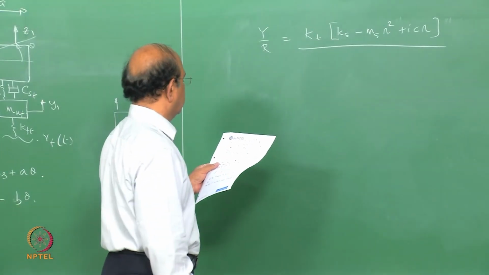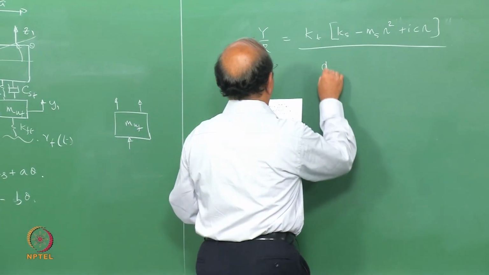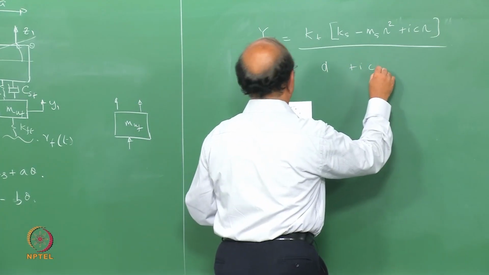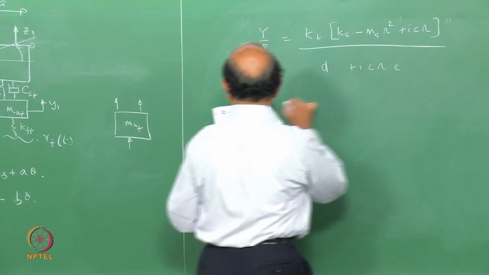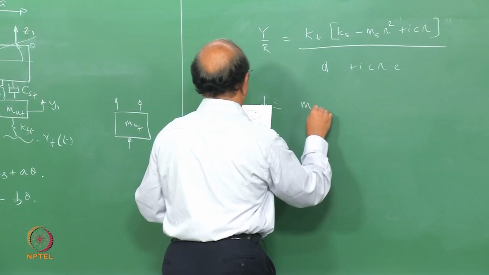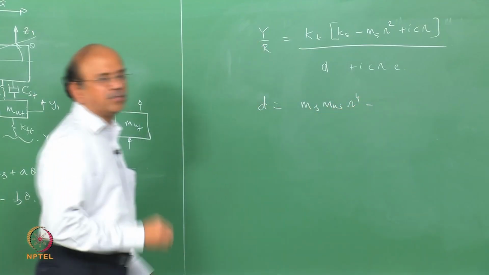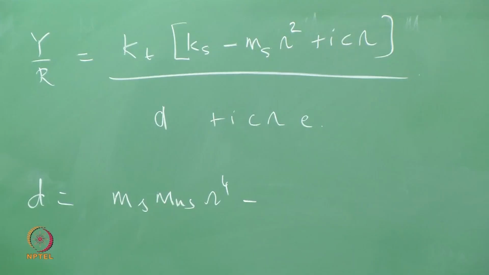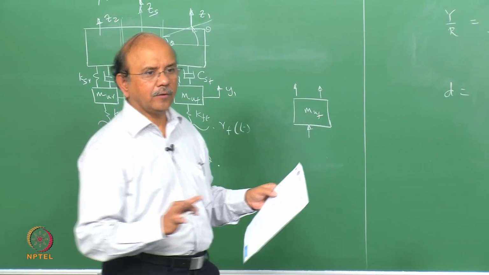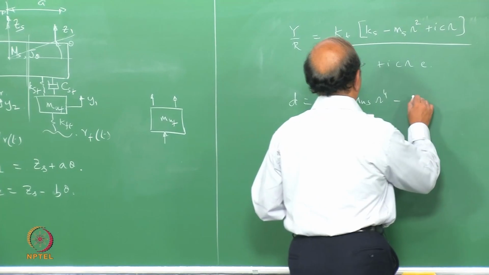Let me write that down as something like this: d plus i C omega E, where d is equal to, expanding that, though this looks formidable, there is nothing difficult in this. Because of the number of terms it looks very complex. As is usually the case, I'm going to simplify it later.